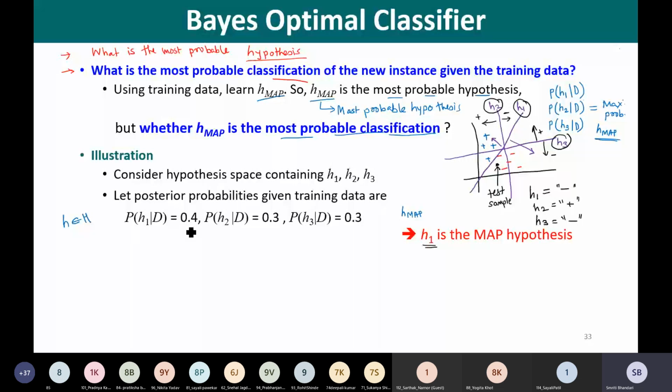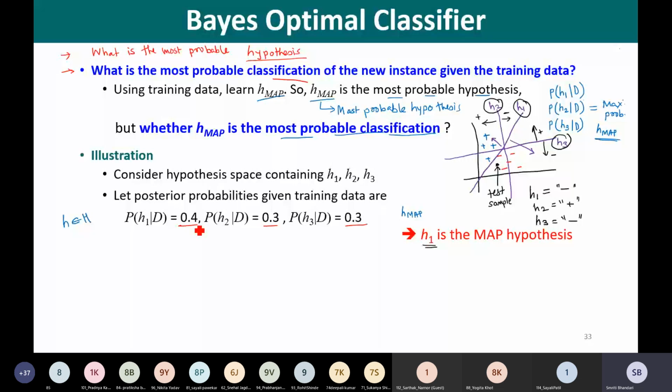Now, let us assume that the new instance X is classified as positive by this H1, but negative by H2 and H3. I'll repeat what has happened now. We have this H1, that is the most probable hypothesis.